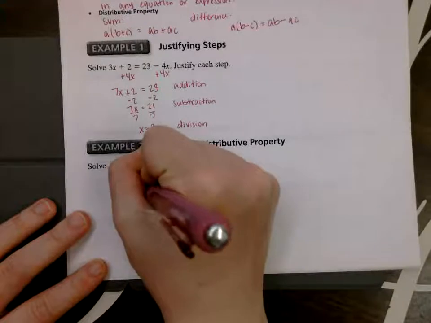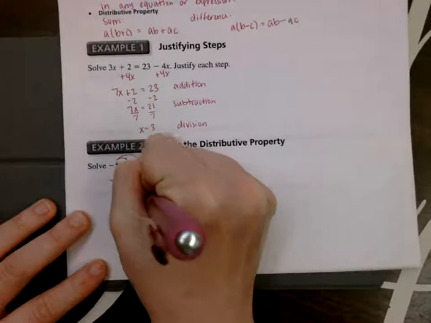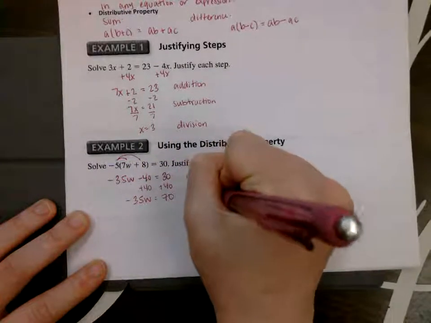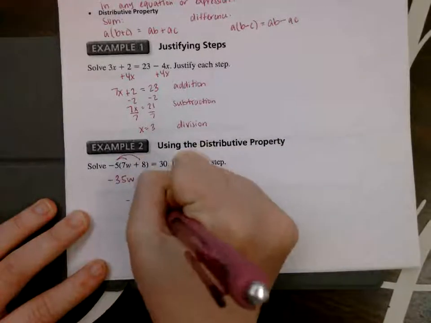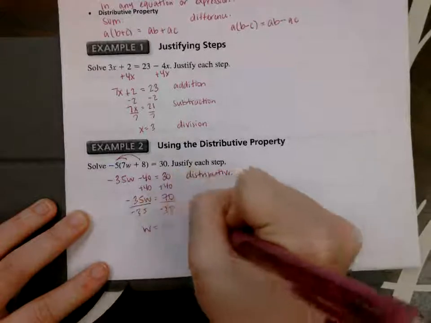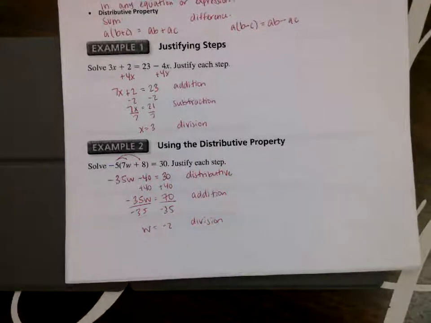Okay, then I would add 40 to both sides to get negative 35w is equal to 70. And that was by addition. Then I would divide by negative 35. And I would get w is equal to negative 2 by division. Okay, so that's all that you need there.